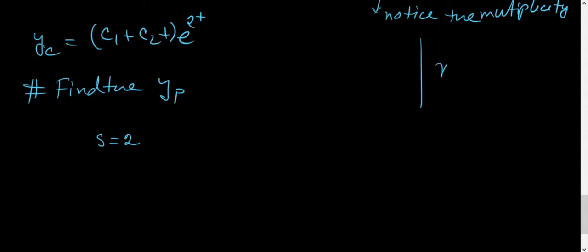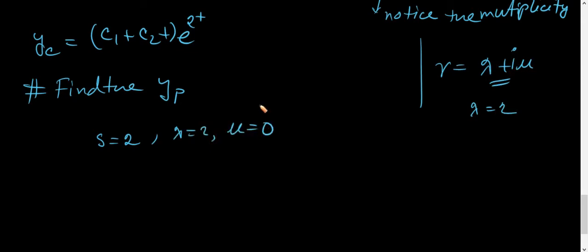The roots came in the form lambda plus mu i, and here you can see that this lambda part is real and the mu part is imaginary. So in this example, lambda equals 2 and mu equals 0. Okay, good.